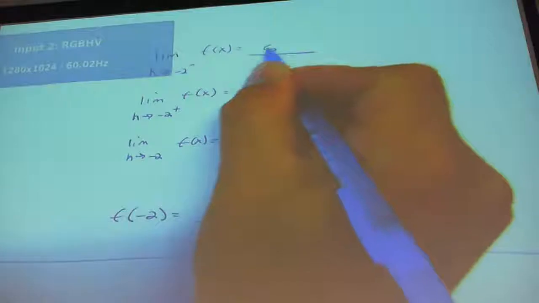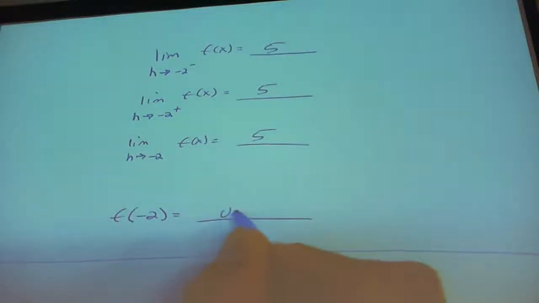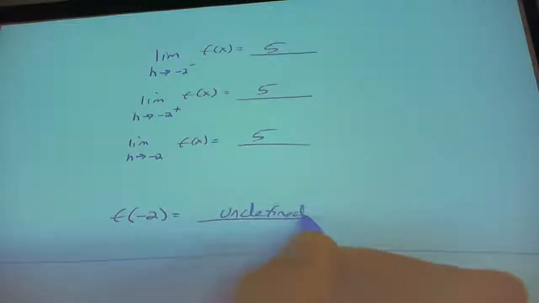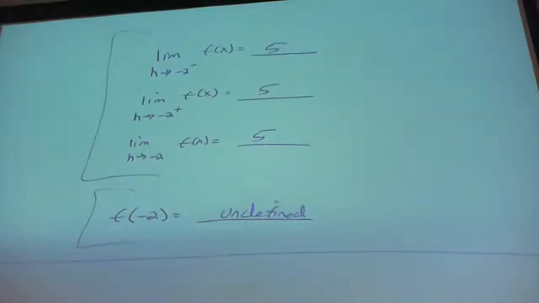So, what does all that mean? Building on last time, we got 5, we got 5, and we got 5. But when we plug in here, we get undefined. So, is it continuous or discontinuous? Is it a continuous graph?